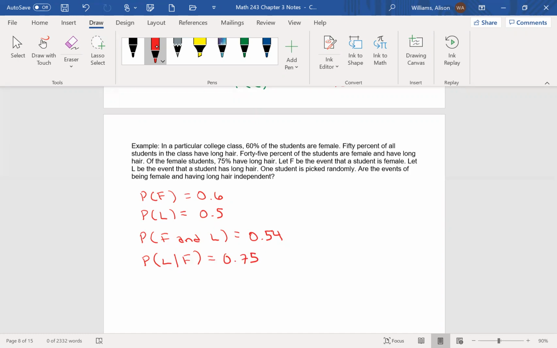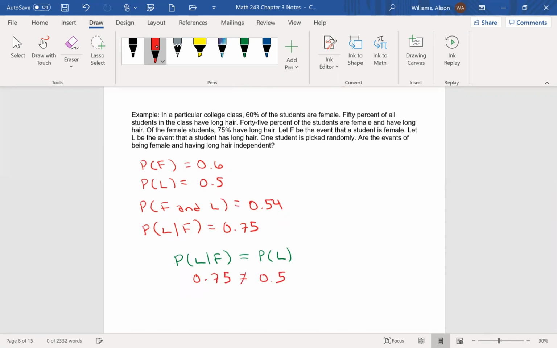They want to know, are the events being female and having long hair independent? So we had a way of checking. We can use the condition and say that if the given equals the same thing as finding just the probability of long hair, then they're independent. And looking at this, we have 0.75 equal to 0.5. Okay, so no, they're not.